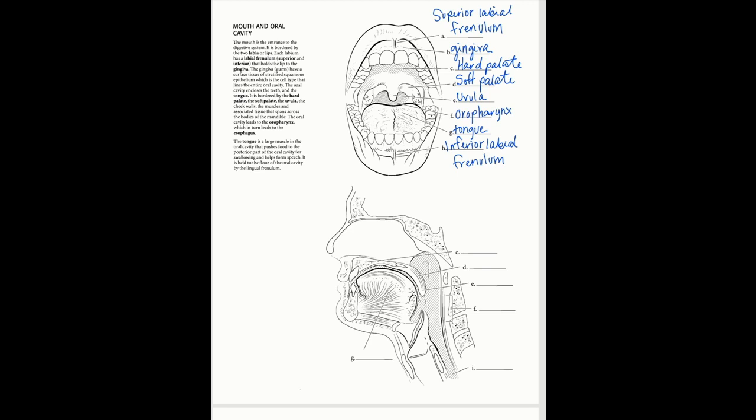Right, so if we go ahead and look at this from a mid-sagittal view, again, we have our hard palate, soft palate, our uvula at the end, our oropharynx, even though that looks like a V, let me correct that.